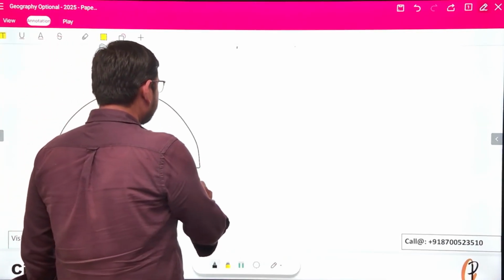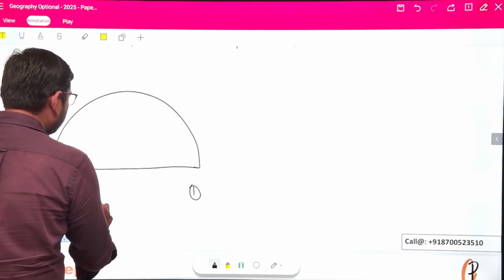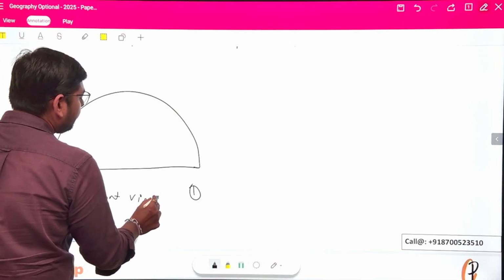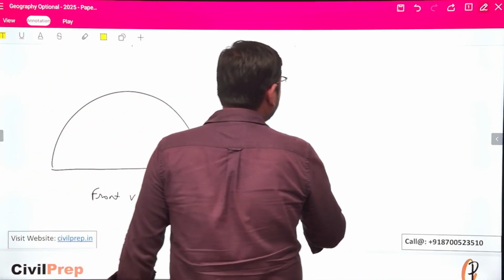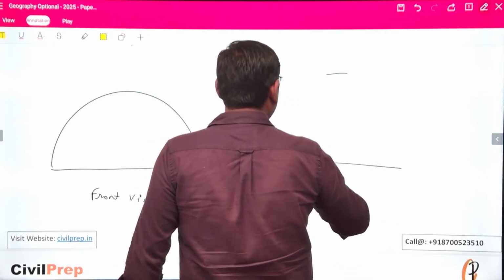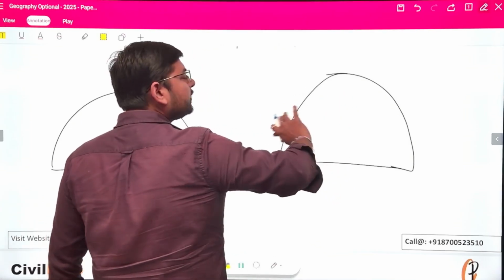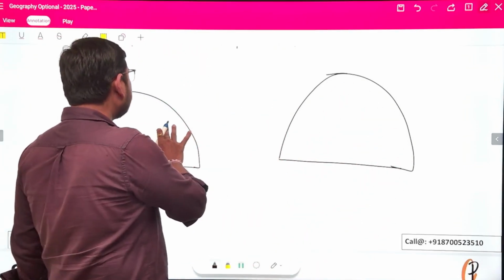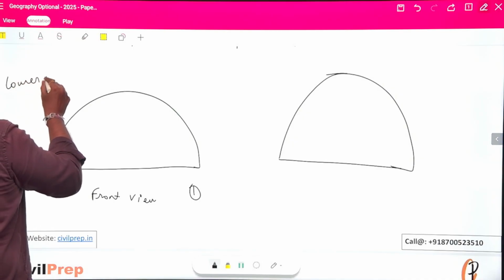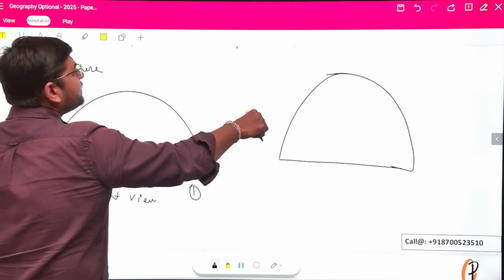This is part number one, where we are looking at this region from the front view, and we have another where we are looking at things from the side view. So this is the front view and this is the lower atmosphere, and this one is the upper atmosphere.